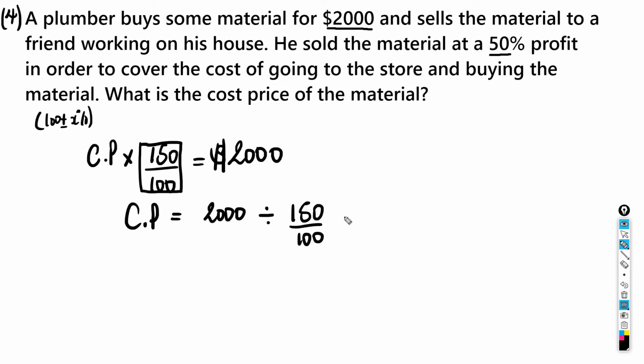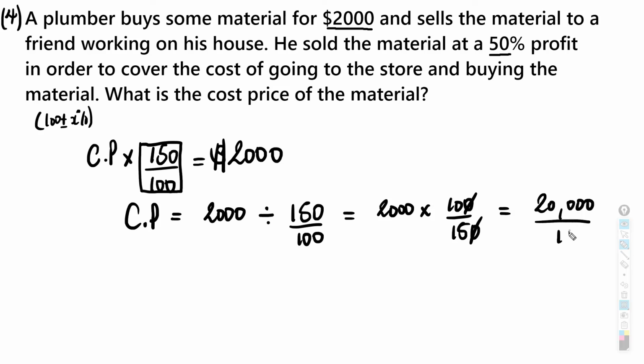So we're going to end up with 2,000 multiplied by 100 over 150. Cool. This zero cancels this zero. And you end up with 20,000 divided by 15, right? And let's just put that in our calculator. 20,000 divided by 15.